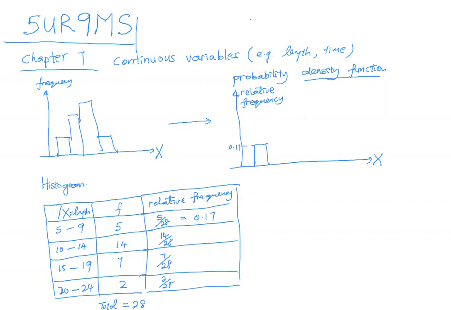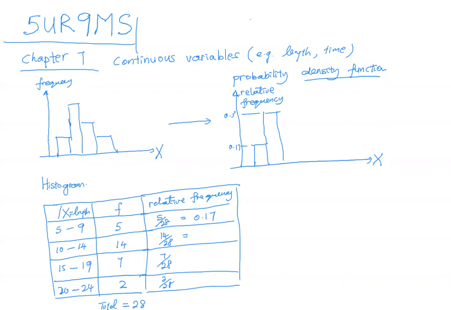Then this is 14 divided by 28, half, 0.5. So here I put the histogram at 0.5. So this one is wrong. This one should be taller, then this one is shorter.